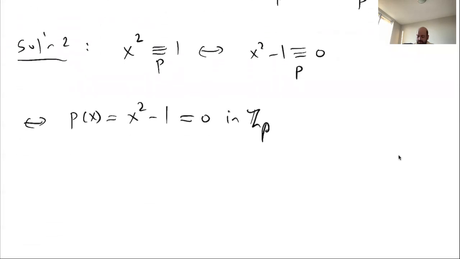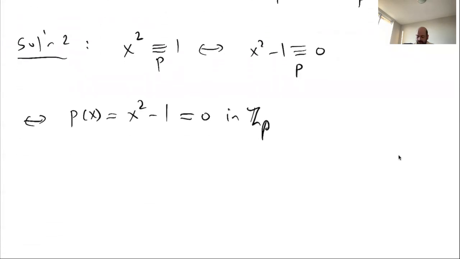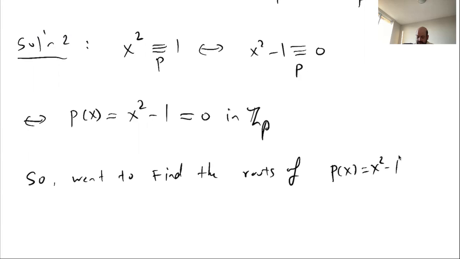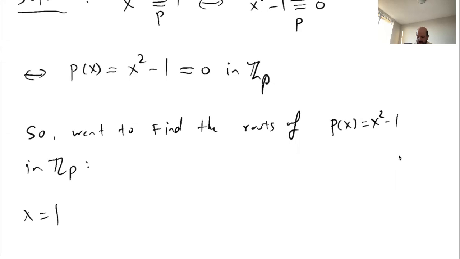Now I want to find the roots of p of x equals x squared -1 in ZP. So x equals 1 is a root of p of x, because p of 1 is equal to 1 squared -1 equals 0.